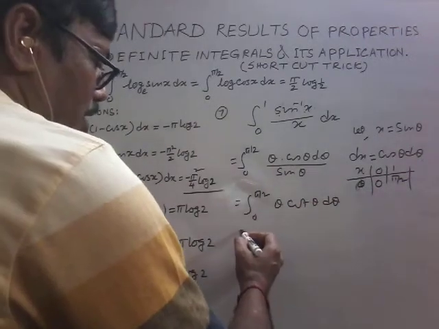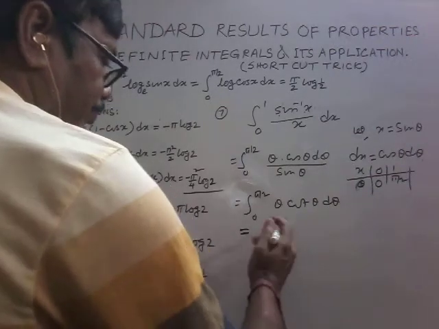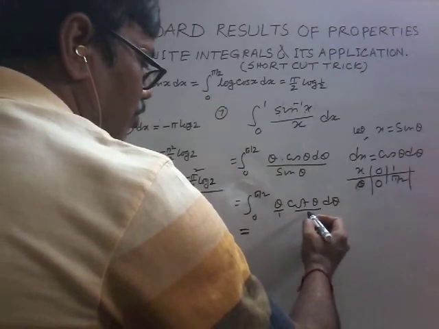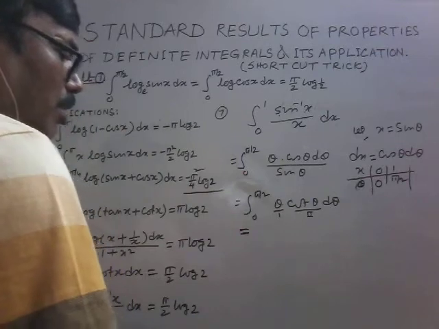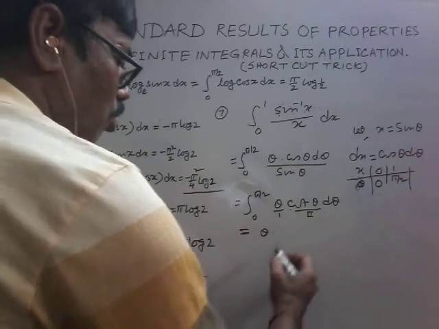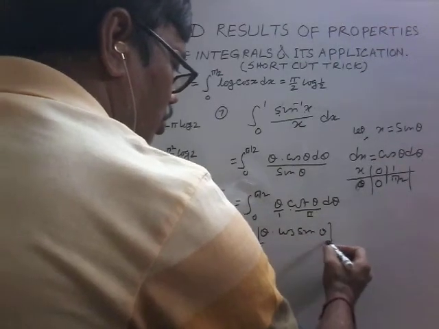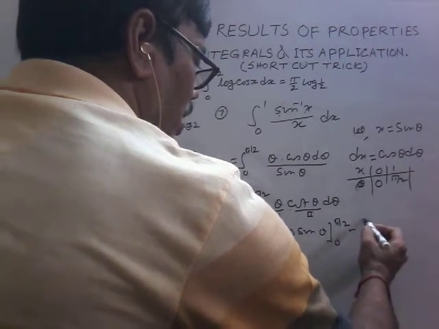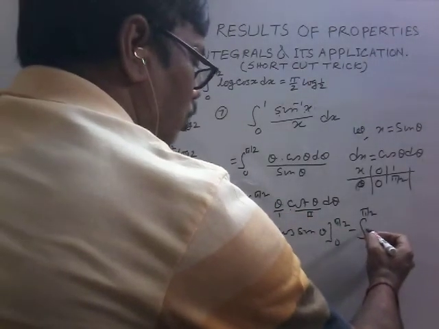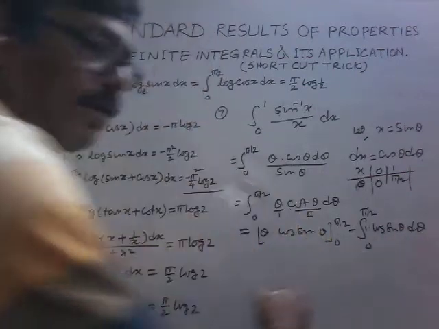Now we integrate it by parts. This one is the first function, this one is the second function. So theta unchanged, integration of cot theta is log sin theta, from 0 to pi by 2, minus 0 to pi by 2, derivative of theta is 1, and this is log sin theta d theta.